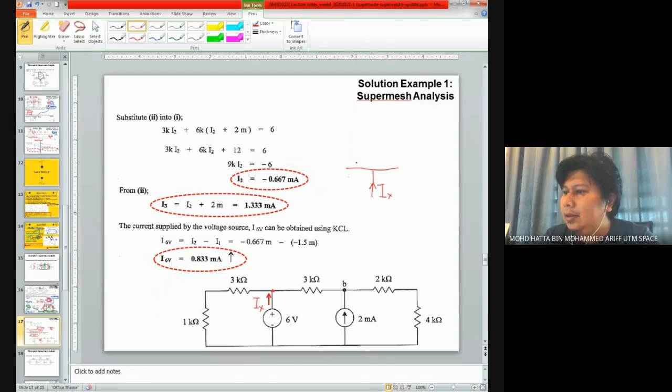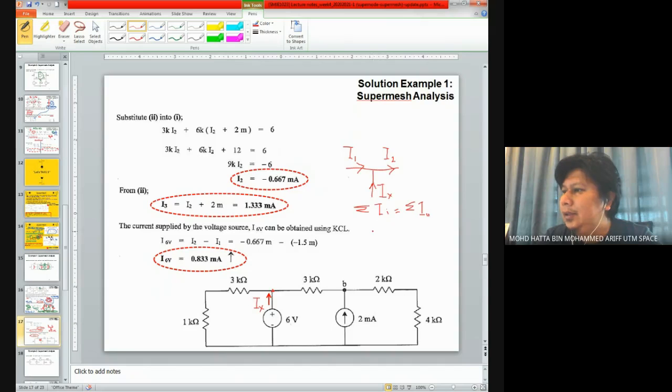So this is Ix, and earlier we have I1 over here and I2 right here. Based on Kirchhoff current law, sum of I in equals sum of I out.